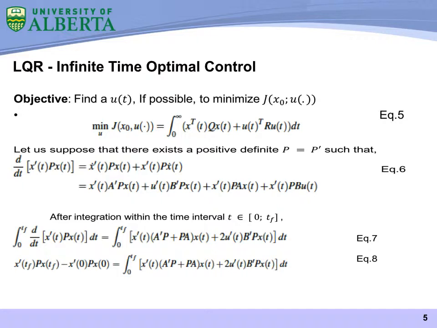The right side we didn't touch, we just copied it here, but the left side is x transpose(tf) P x(tf) minus x transpose(0) P x(0). Since tf is infinity and we assume that at infinite time the state is stabilized, therefore it goes to 0, we therefore assume that this term at infinity is 0, right?